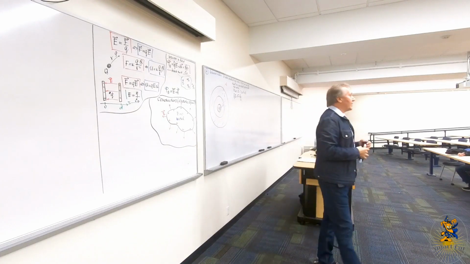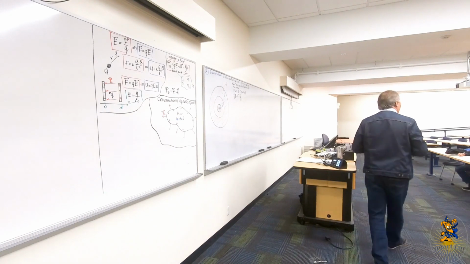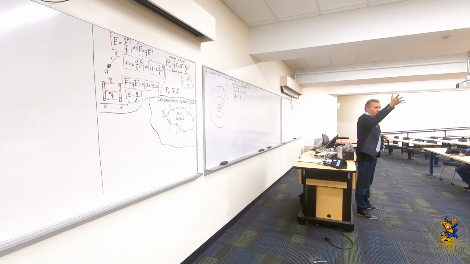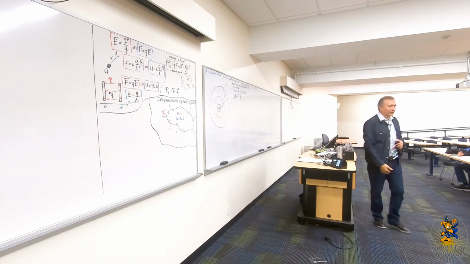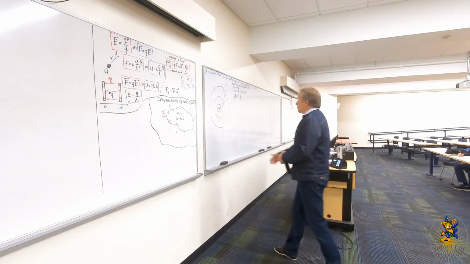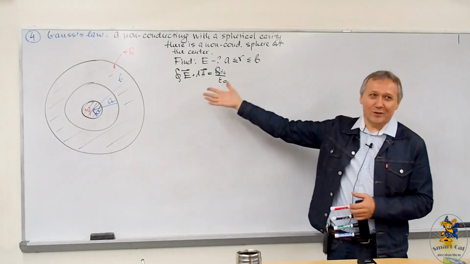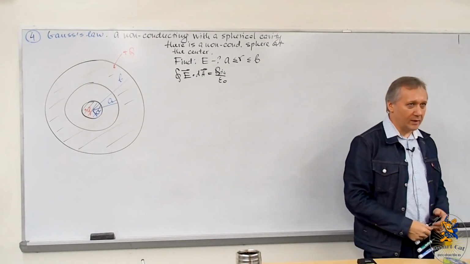What is the first step we have to make before we can start applying Gauss's law? Identifying the surface. Gaussian surface. We have to make a decision about the Gaussian surface because without that decision, you cannot do the integration over that surface. Charge enclosed, again, within that surface. So you have to make that decision.